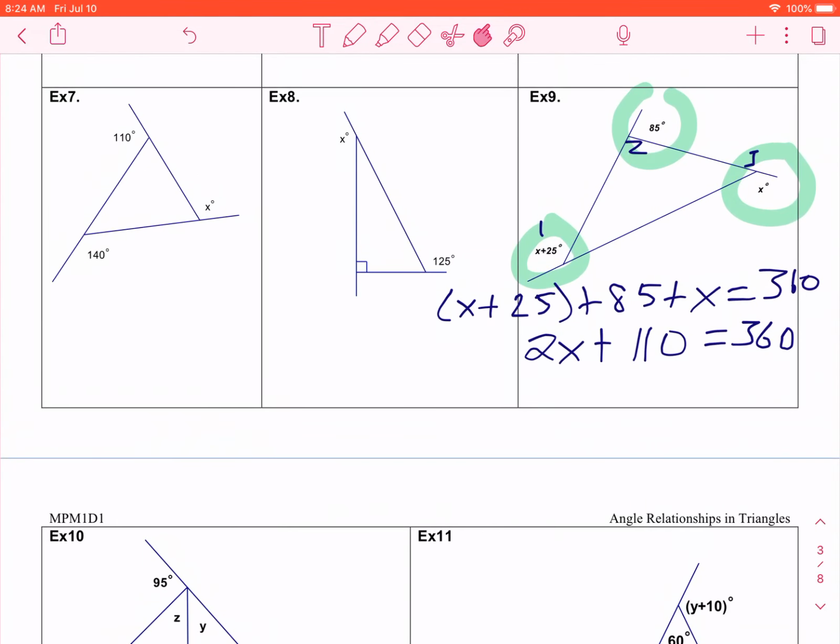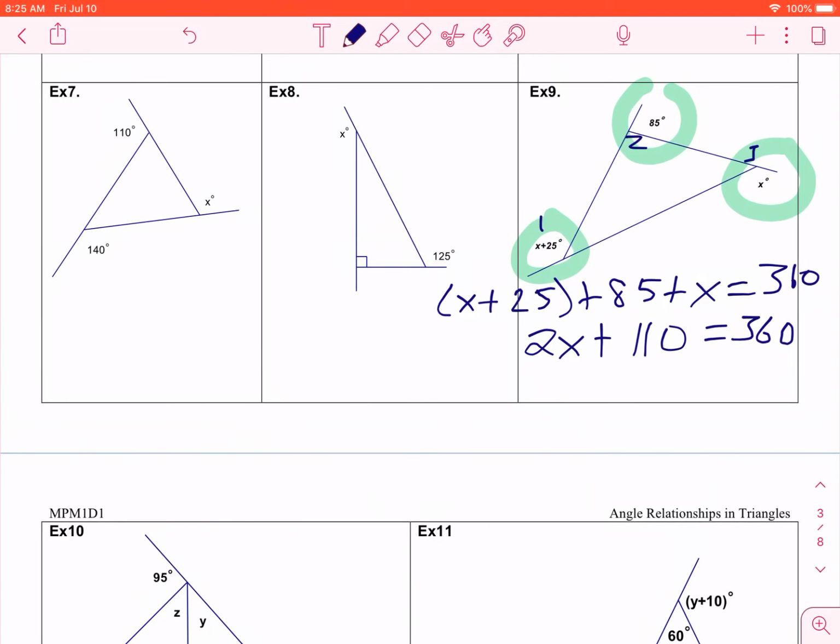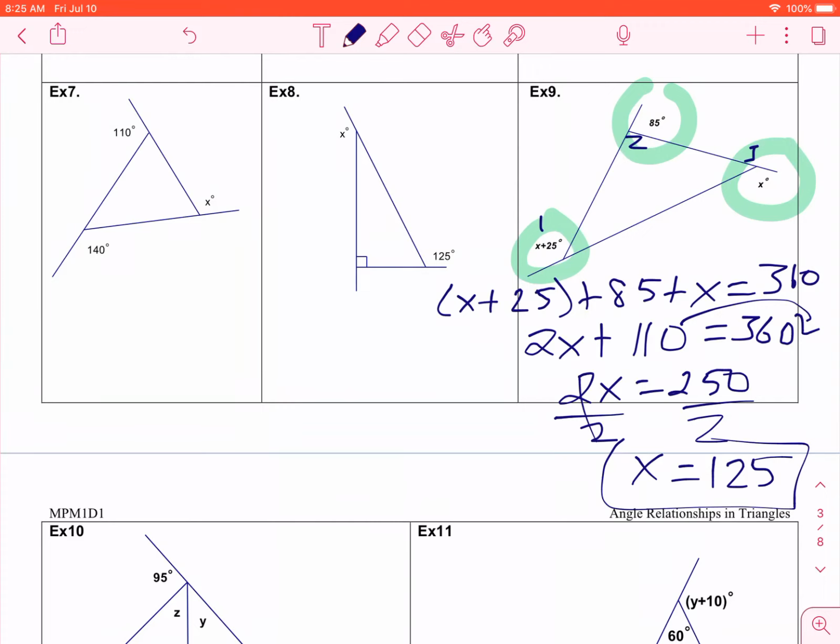There we go. Okay, is equal to 360. Okay, so then I'm going to take 110 rather, and I'll bring it to the other side. X is equal to 125.